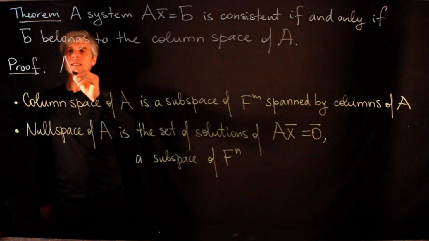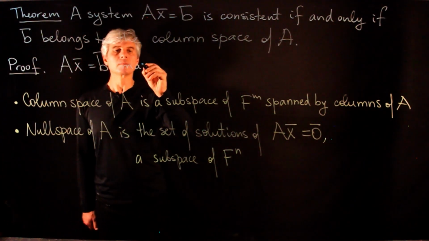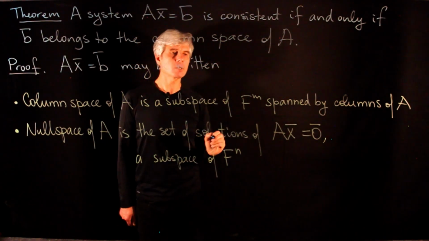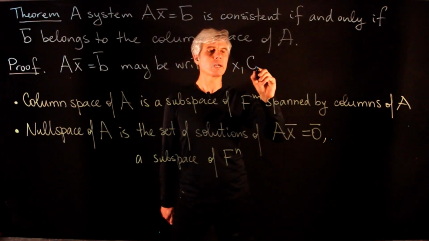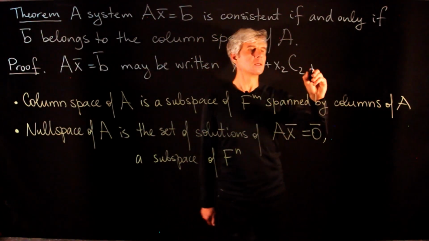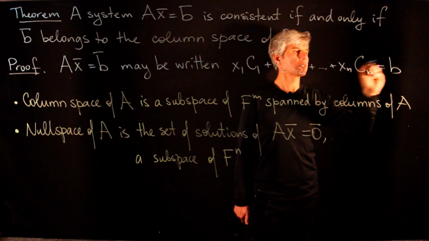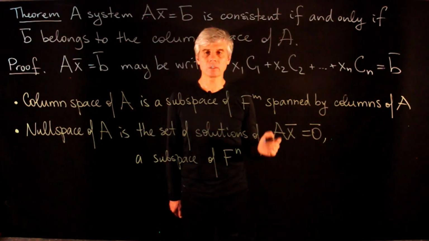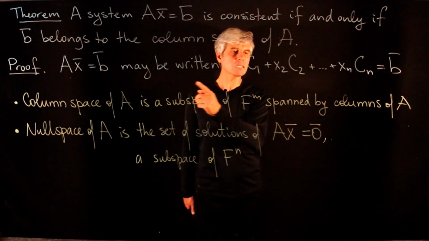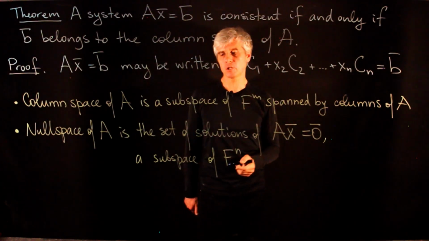AX equals B may be written as a vector equation: x1 times c1 plus x2 times the second column of A, up to xn times the last column of A, is equal to B. So this system is consistent if we can express B as a linear combination of the columns.